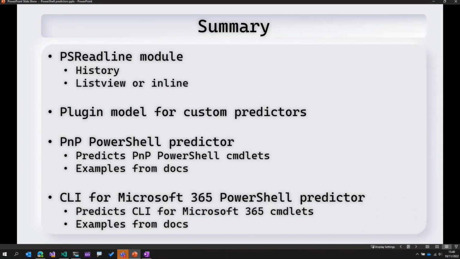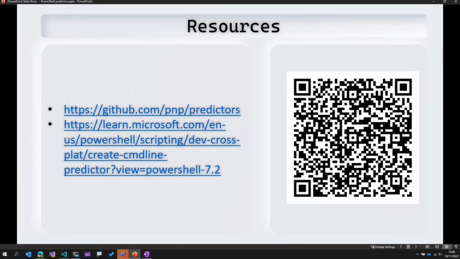We looked at two custom predictors: the PnP PowerShell custom predictor, and the CLI for Microsoft 365 predictor. And here are some links that can be used to look at the predictors. With that, I will hand it over to David again.